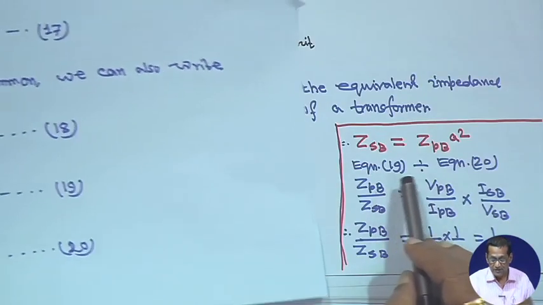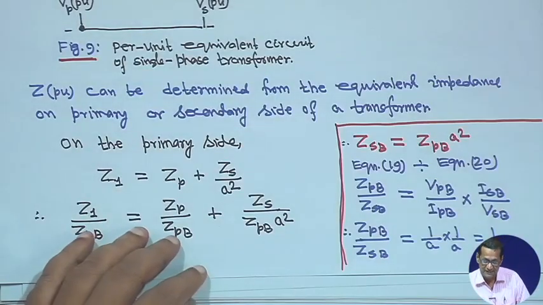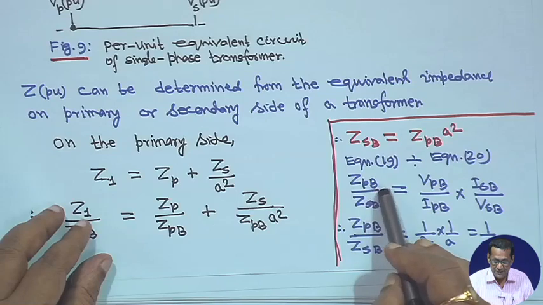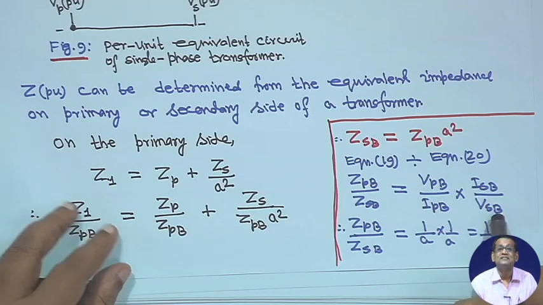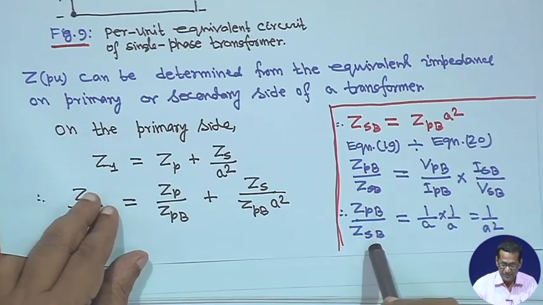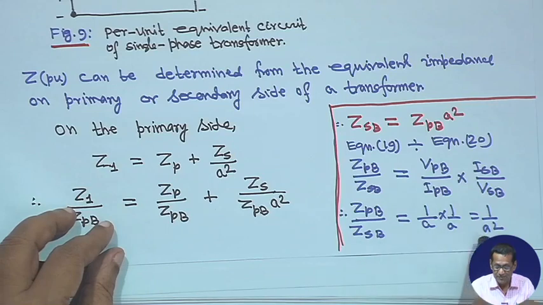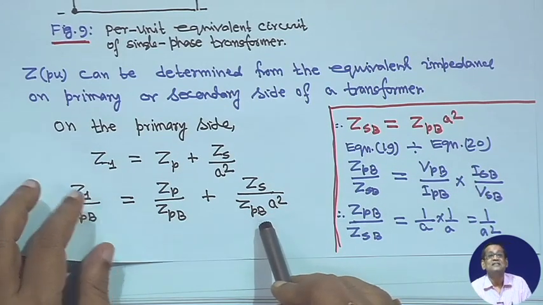So, you divide equation 19 by equation 20, right. Therefore, ZPB upon ZSB is equal to VPB upon IPB into ISB upon VSB, right. That means ZPB upon ZSB will become 1 upon a square, that means ZSB will be a square ZPB. So, basically, a square ZPB is actually ZSB, right.